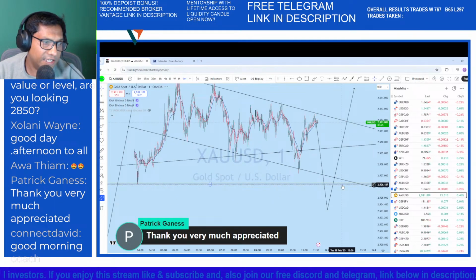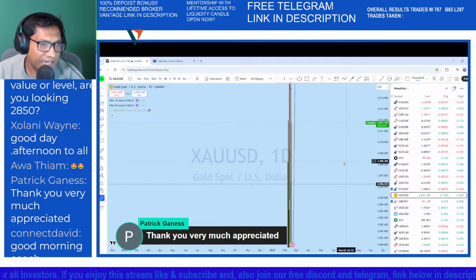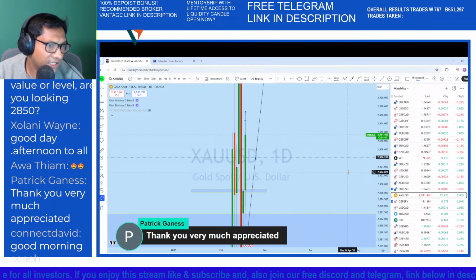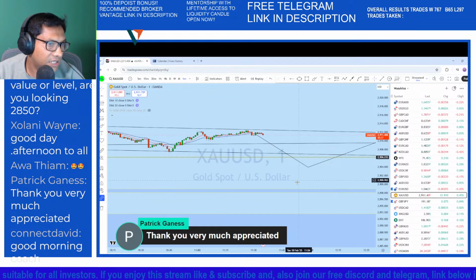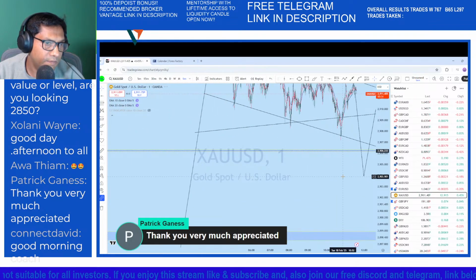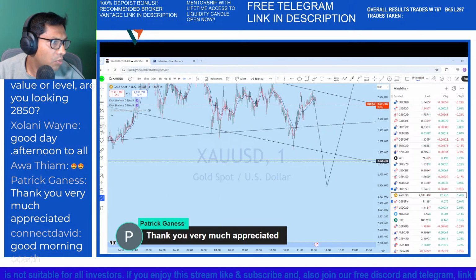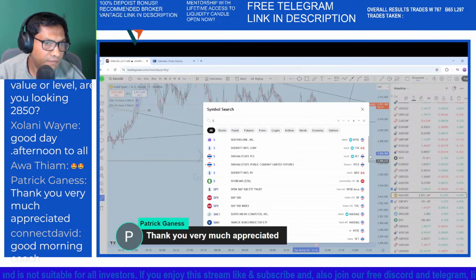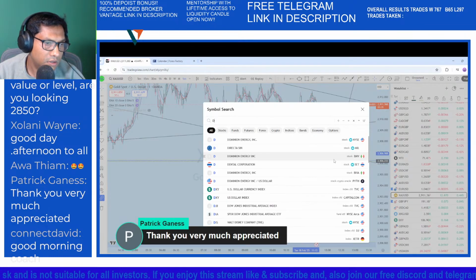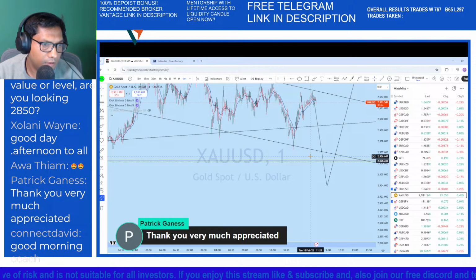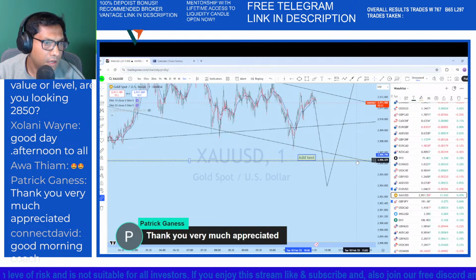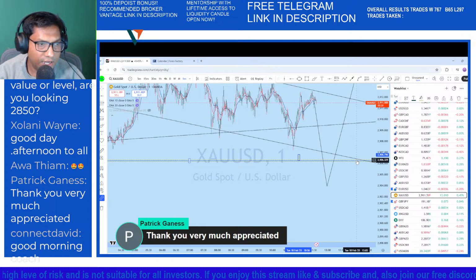So if the market is dropping to that level where there is a daily support, if you guys look at it, you can see this is the daily support here, and this is the daily support, a very important level here, waiting for the market to come back here. Okay, so let's look here. This is the daily level that we will be looking at.